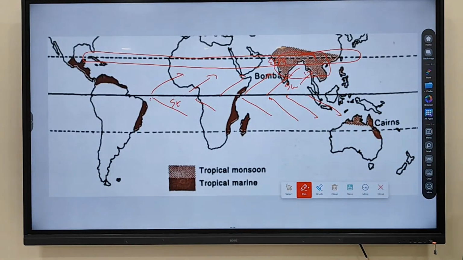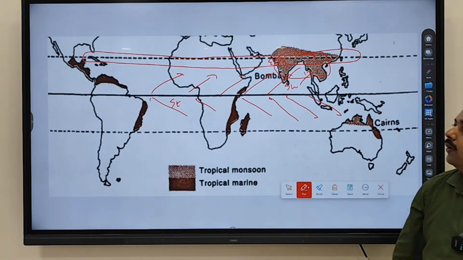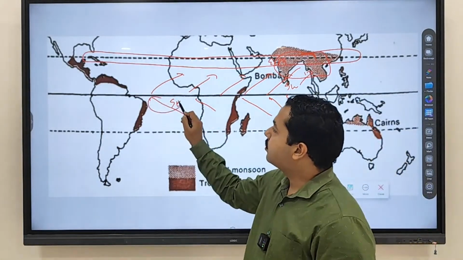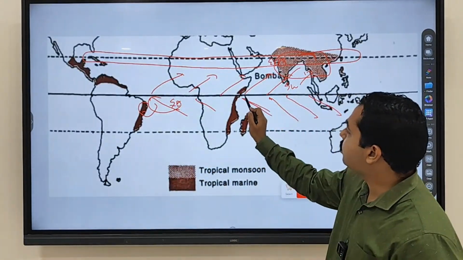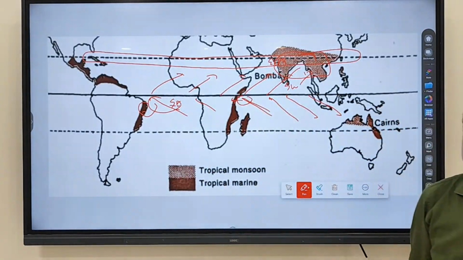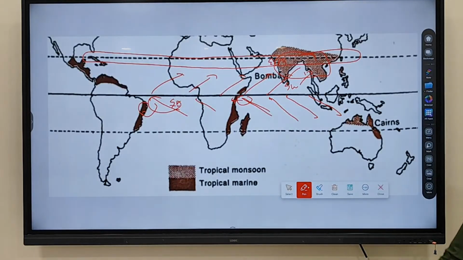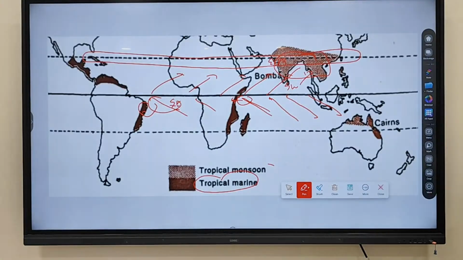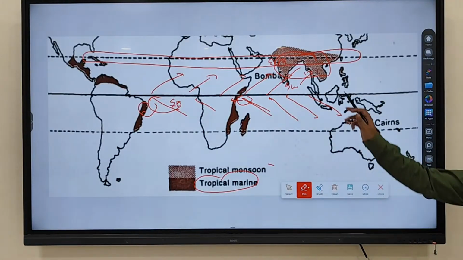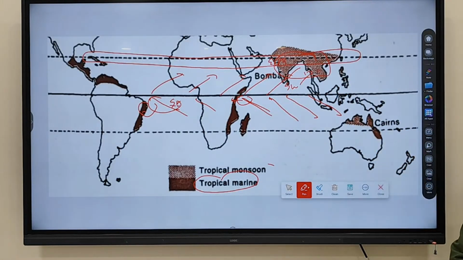While the southeast can still pick up moisture and create rainfall over here. That's why they are influenced by marine conditions. That's why it is called a tropical marine condition. Clear? While India experiences which type of condition? Monsoonal climatic conditions.